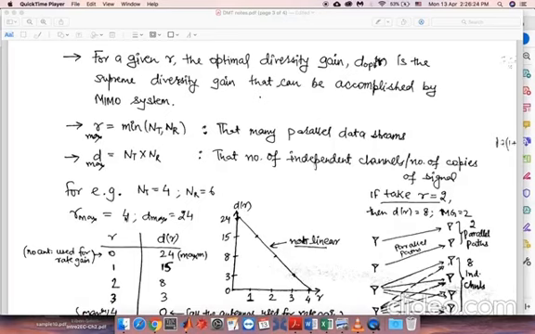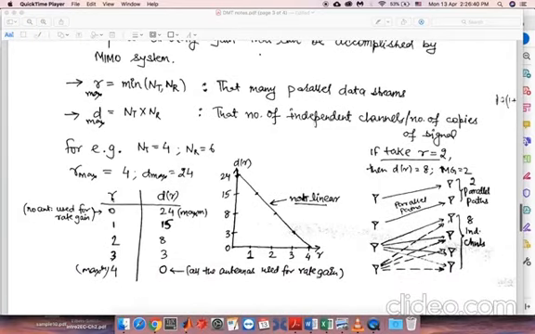The maximum rate gain for this particular system is 4, according to the formula min of NT, NR, and diversity order Dmax is NT cross NR, 24, right? So let's vary R. For R equals 0, where no antenna is used for rate gain, the diversity order would be 24.